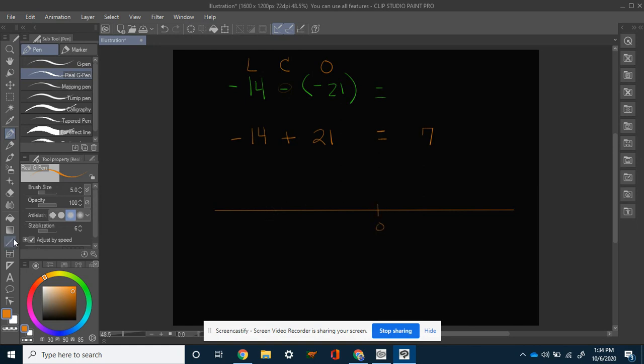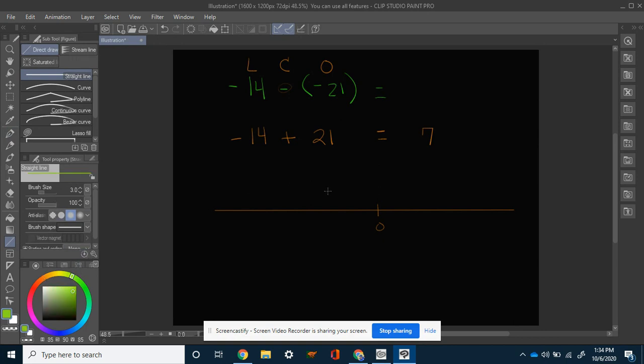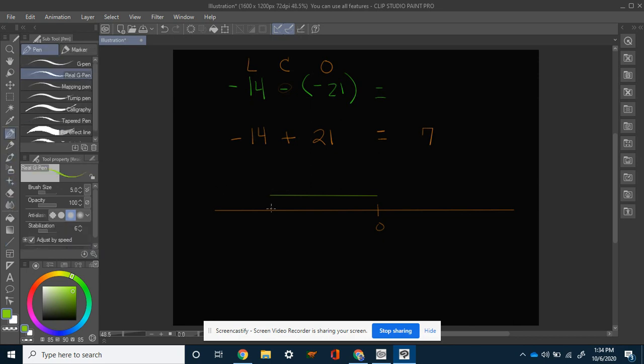So let's pretend for a moment that we went in the negative fashion to 14. So we're going to go this way, and we end ourselves at negative 14. That's our first number. If we were going to subtract, right? So imagine that we're a little person here, and we're going to stand up on this line. We're facing this direction. Because that's subtraction.